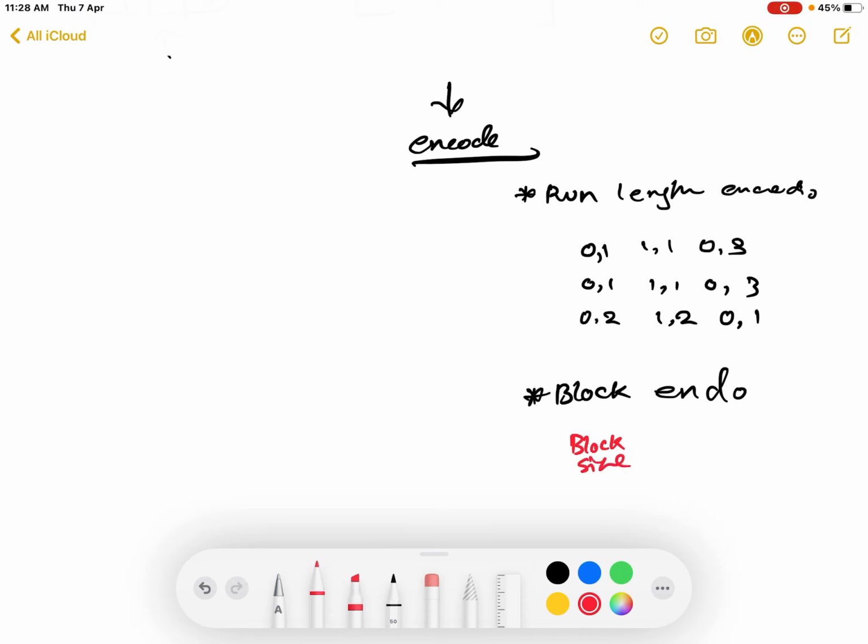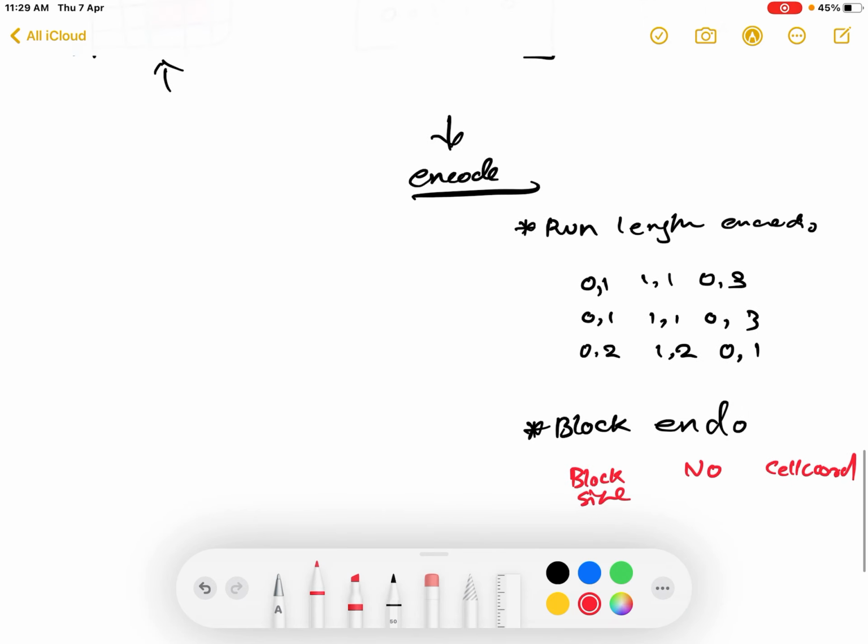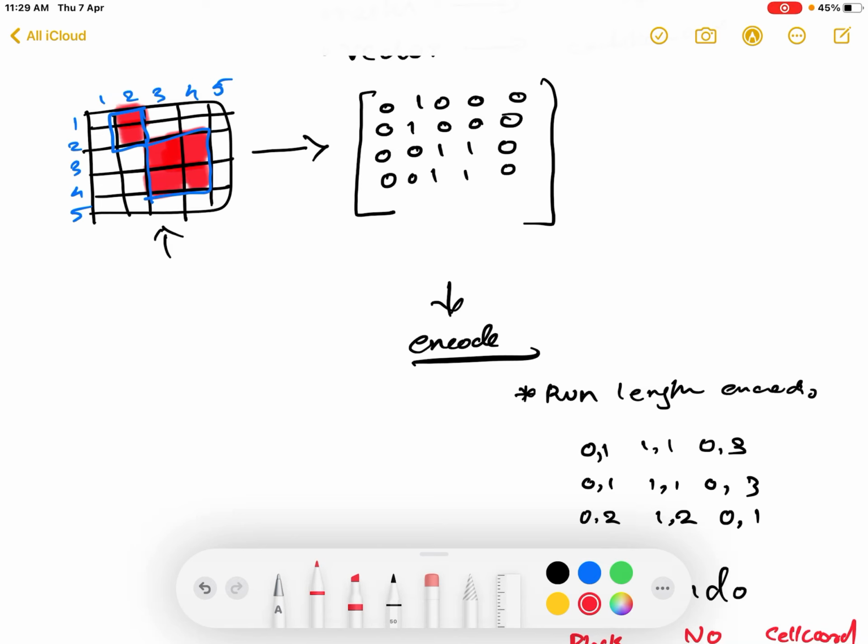Then we will be having 3 entities in this. First one is block size, then number of blocks, then cell coordinates. Here we will be showing only the non-empty blocks. So let's say the first block. What is the block size? Block size is 2.